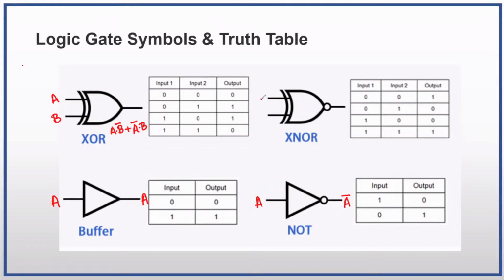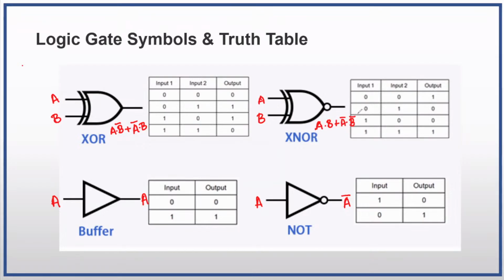And the XNOR gate, the Boolean expression is totally the opposite of the XOR. There you can write the output as A dot B plus A complement dot B complement.